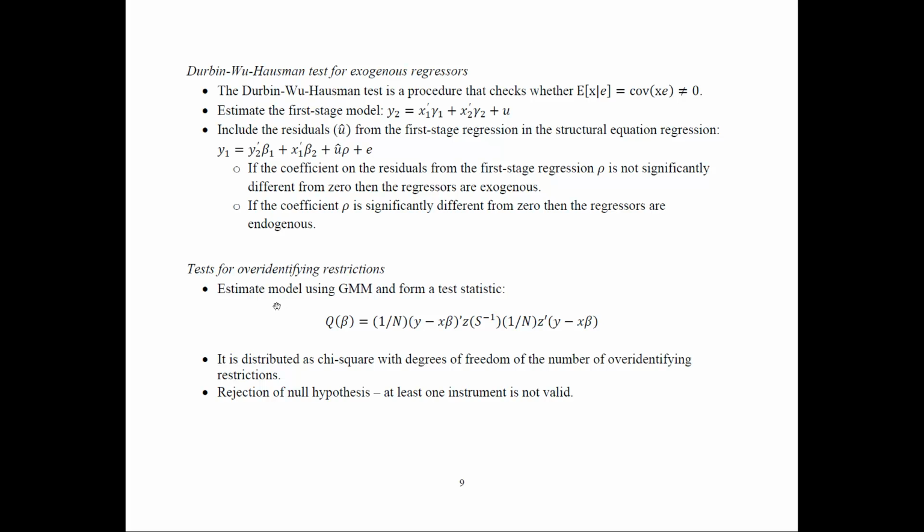And the way to test for that is to estimate a model using GMM and form the following test statistic here, coming from the GMM model. And that one would be distributed as chi-square with degrees of freedom of the number of over-identifying restrictions. And then if we reject the null hypothesis, we would say that at least one of the instruments is not valid. So we want to not be able to reject the null hypothesis.